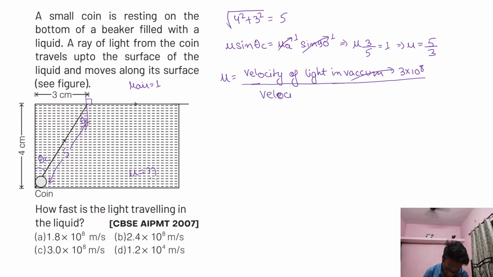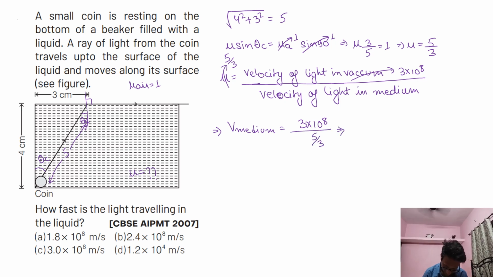This portion is asked, and mu out here is given as 5 by 3. So if you cross multiply, velocity of light in medium is equal to 3 into 10 to the power 8 divided by 5 by 3, or into 3 by 5. So velocity in the medium is 3 into 10 to the power 8 into 3 by 5, which is 9 by 5 into 10 to the power 8.